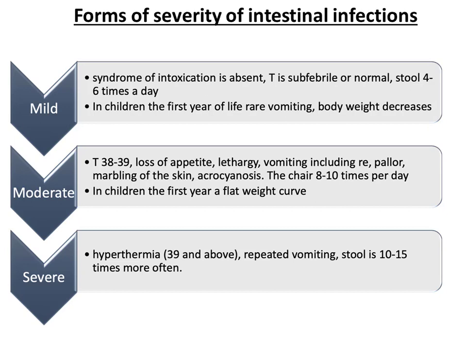Moderate: temperature of the body 38-39 degrees Celsius, loss of appetite, lethargy, vomiting, secondary pallor, acrocyanosis. Stool can be 8-10 times per day. Severe form is characterized by temperature 39 and above, repeated vomiting. Stool is 10-15 times or more often.